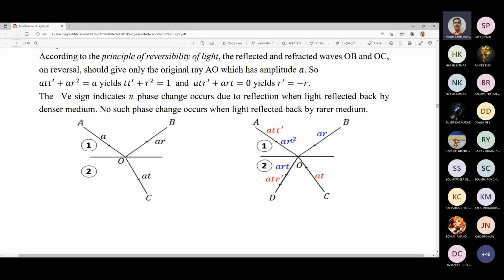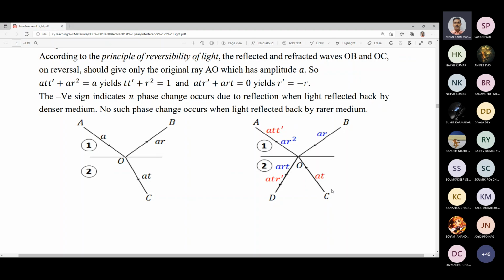The amplitude of the reflected beam will be AR squared, and the amplitude of the transmitted beam is ART, because the reflection and transmission coefficients from medium 1 to 2 are R and T.